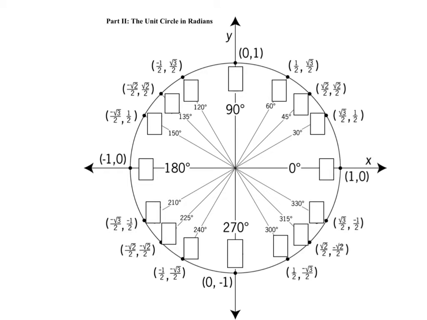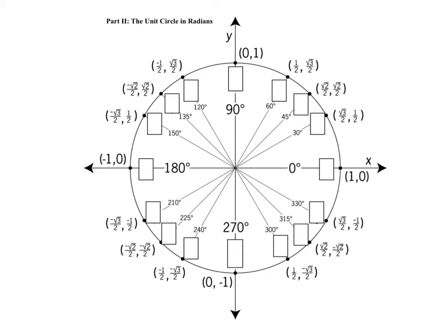Now we're going to fill in the rest of our unit circle by labeling the angles in radians. If you recall from the last section, we divided the unit circle up by angles in degrees, and we found the coordinates of these points using special right triangles.